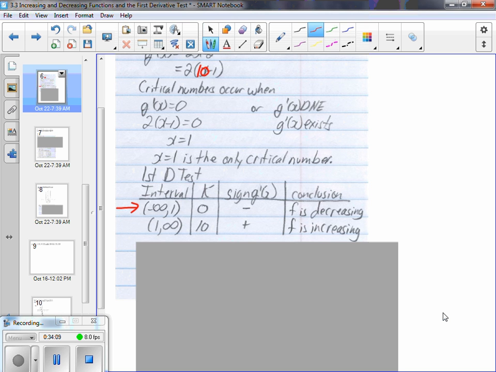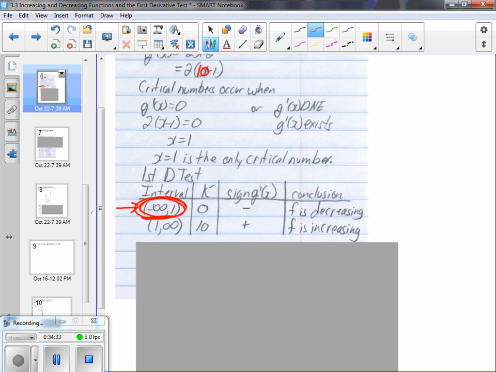Because here's the thing you got to understand, and this is what we were trying to go over the first 15 minutes or so, is the derivative, the function must be either always increasing or always decreasing on this interval. Because the only time it can change from going up to going down is when the derivative equals 0 or the derivative does not exist. So I know that nowhere in that interval does it change.